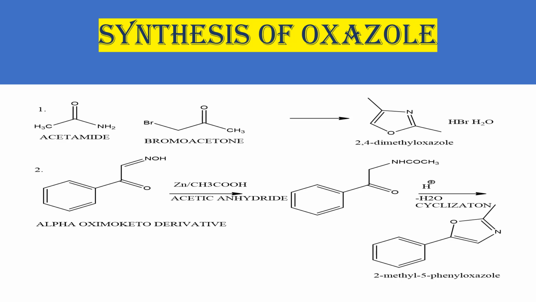You treat it with zinc, acetic acid and anhydride. It undergoes reduction followed by acetate formation. And when you treat it with acid, it undergoes cyclization followed by condensation reaction to give you the corresponding 2-methyl 5-phenyl oxazole.